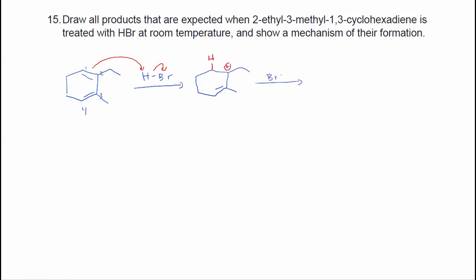That first Br minus can attack to give me the 1,2 product. Then we have our resonance structure I can draw here.